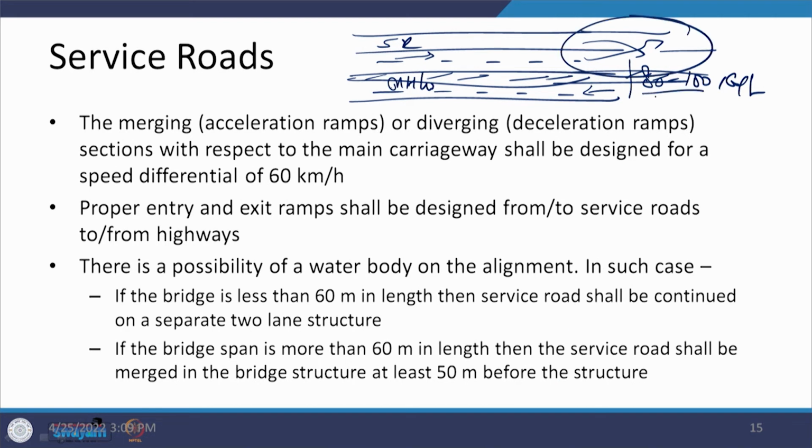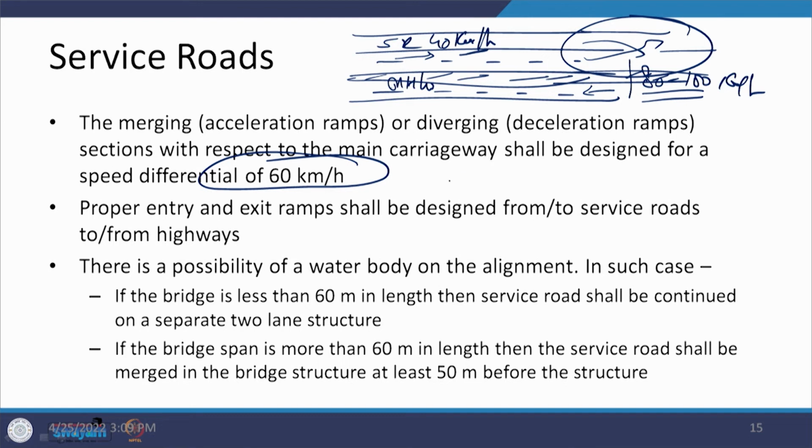This particular connectivity needs to be designed. Now, traffic here is moving at a speed of 100 kilometers per hour. We talked about that the design speed here is 40 kilometers per hour. That means the differential between the two is 60 kilometers per hour, and we need to design this connectivity for this particular differential. This can be like we are going in or we are going out of a system.